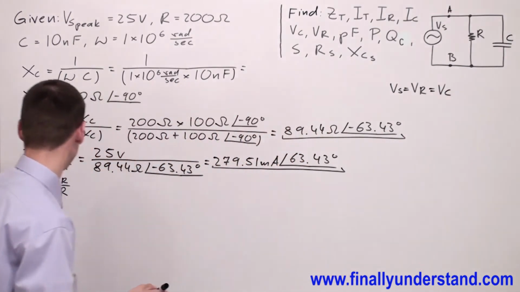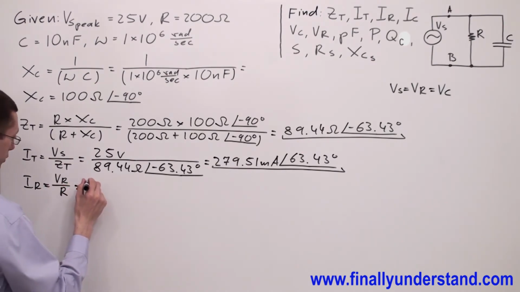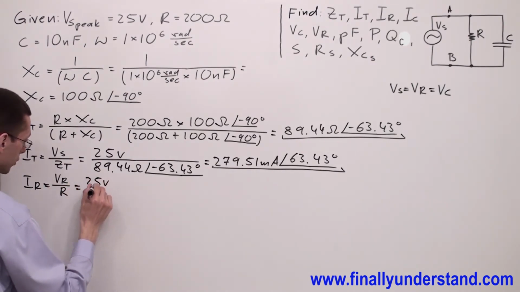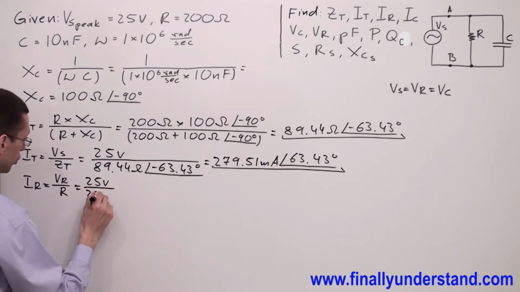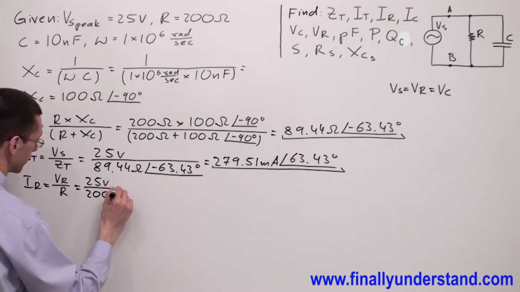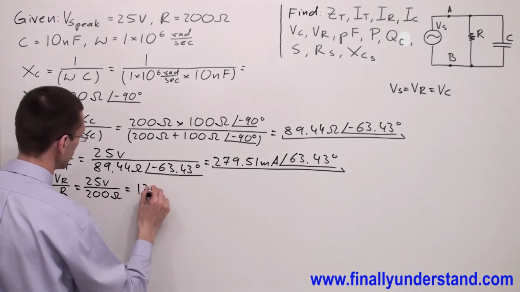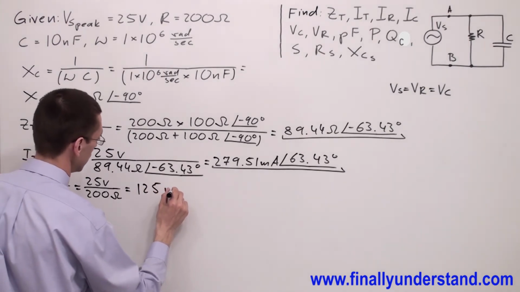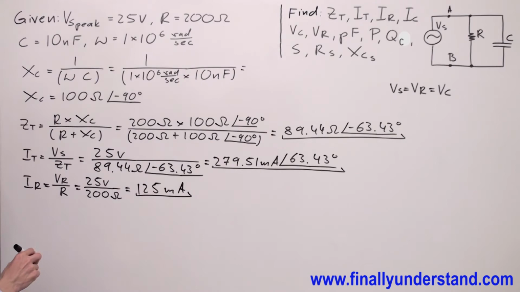So VR is equal, in this case, 25 volts over resistance, which is equal 200 ohms. This is equal 125 milliamps. Okay, this is the current which goes through the resistor.